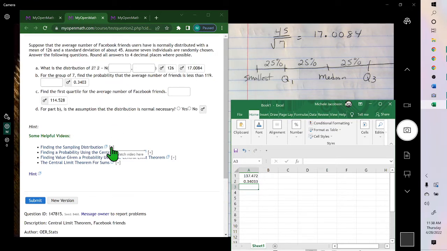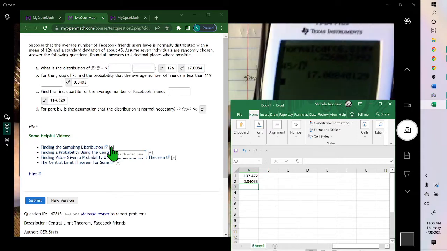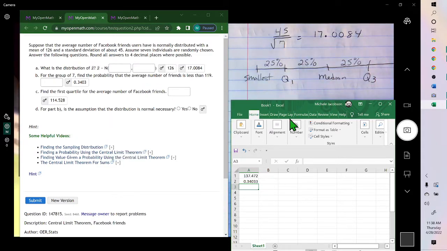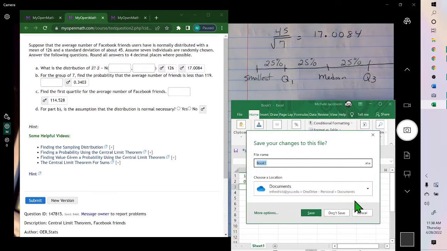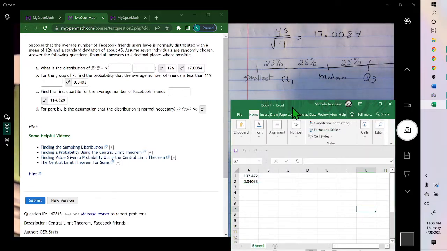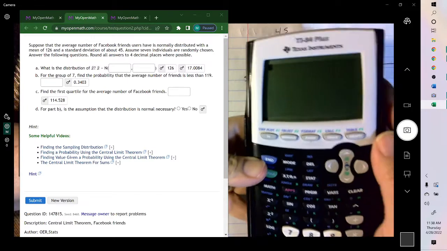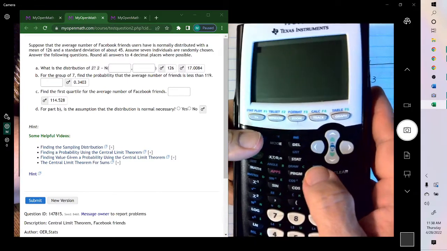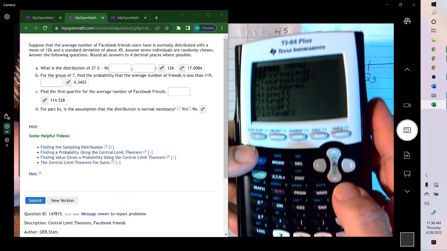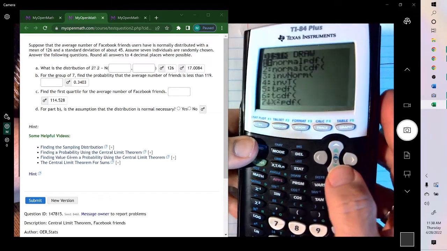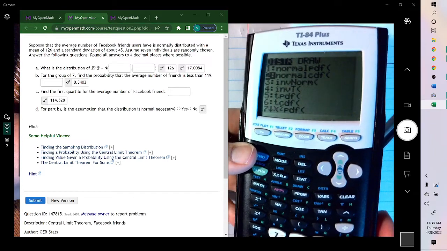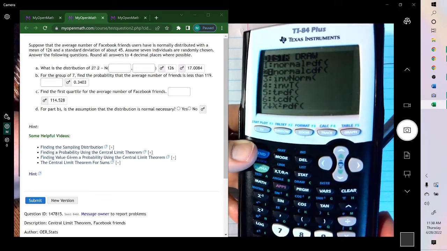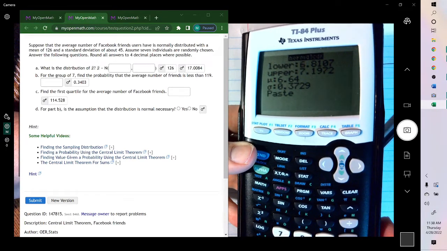To do it on the calculator, under distribution, the part B would use normal CDF.